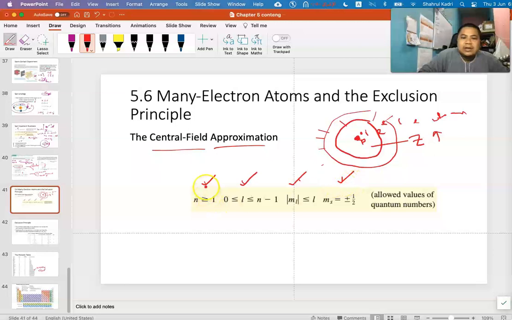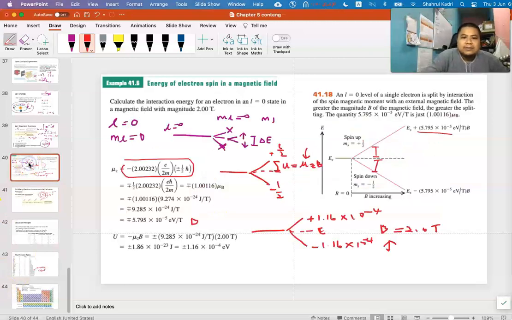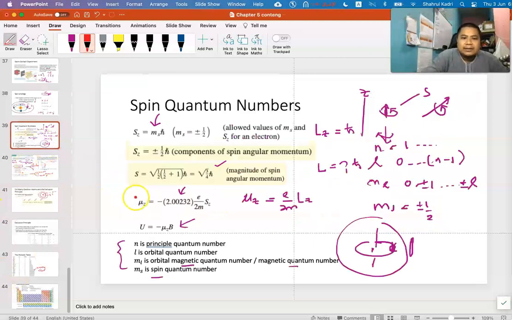So: principal quantum number, orbital quantum number, orbital magnetic quantum number, and spin quantum number.